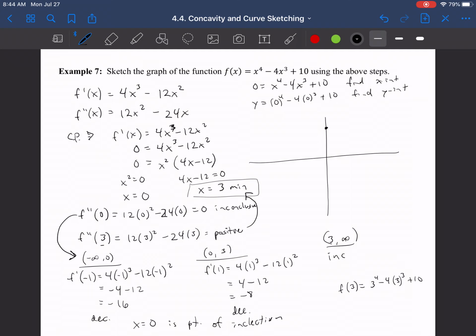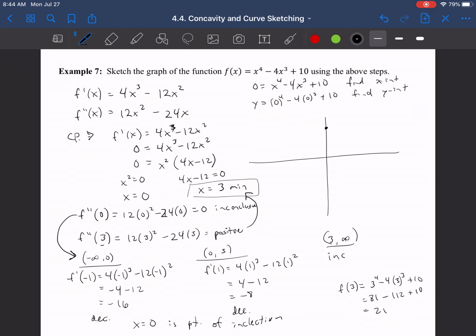And so this is going to be 81 minus, what is that? It's going to be 112, I believe, and then plus 10. So this is 21, I think.